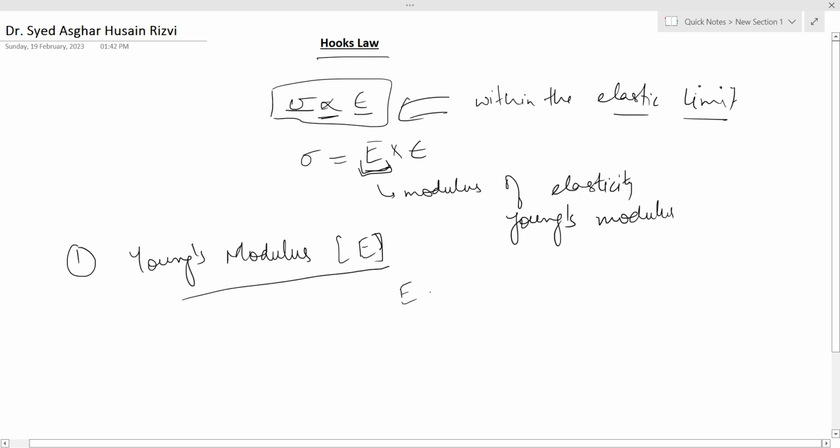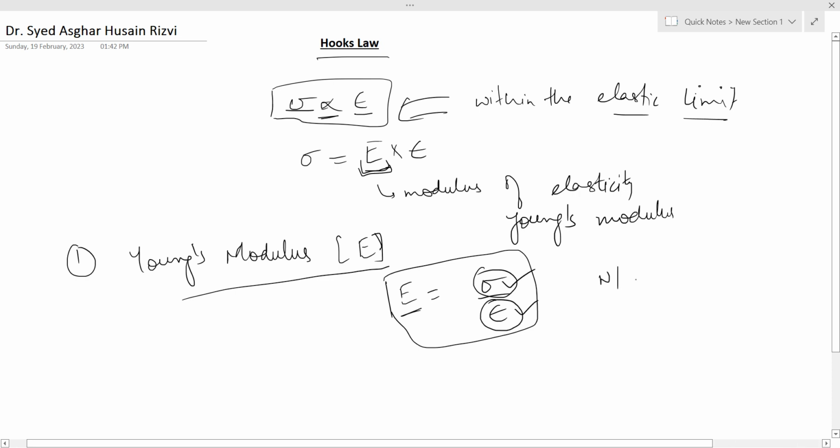So E equals sigma upon epsilon. It is the ratio of normal stress to normal strain. This is Young's modulus. And since epsilon does not have any unit, the unit of modulus is Newton per mm square or kilonewton per meter square as per the condition that is given in the numerical.